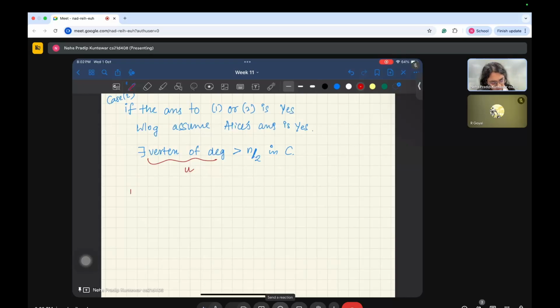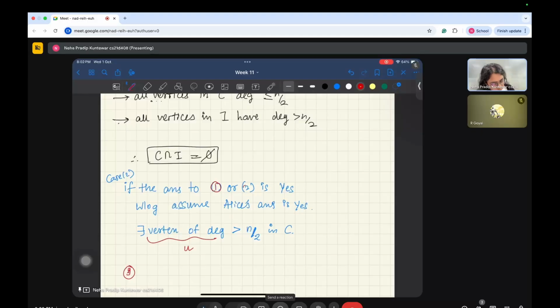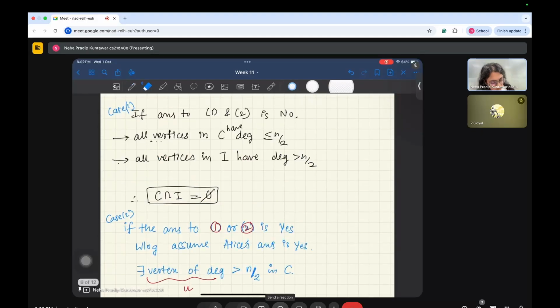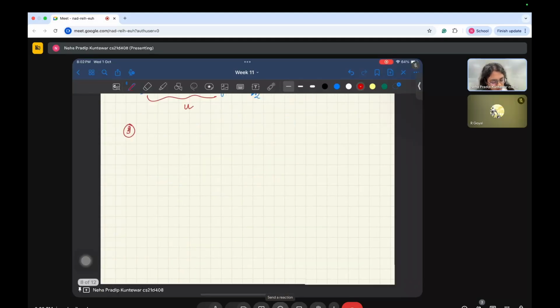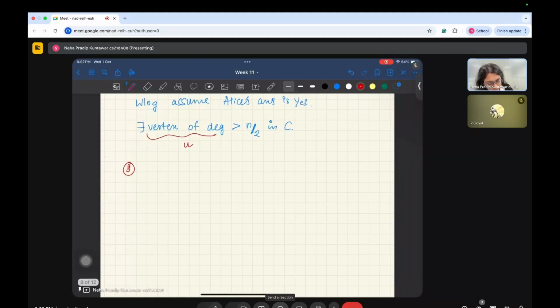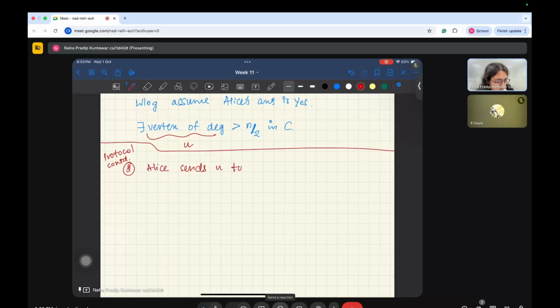So at this point, I'll call this step 1 2. Then step 3 of the protocol is that Alice sends U to Bob.